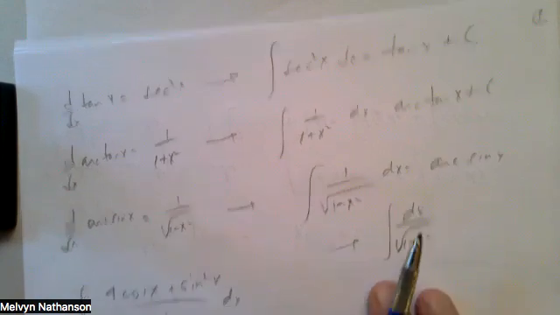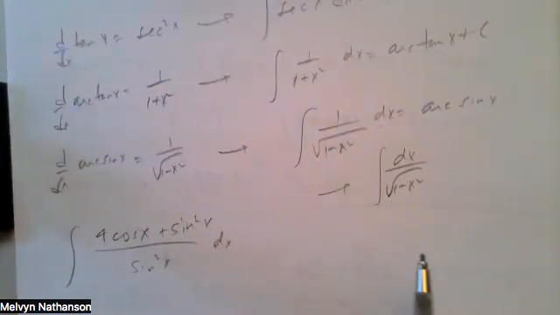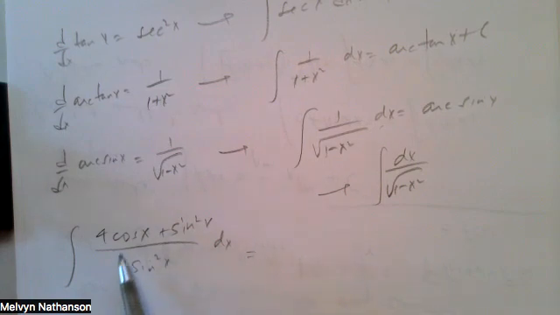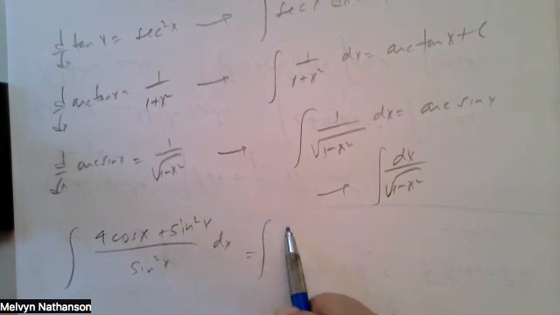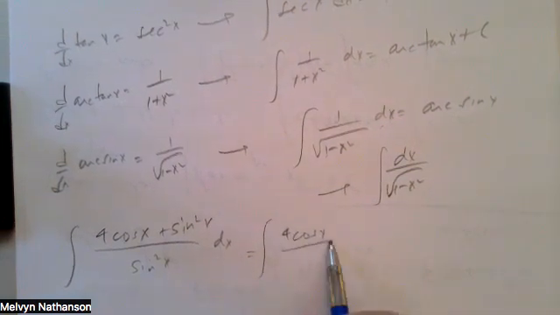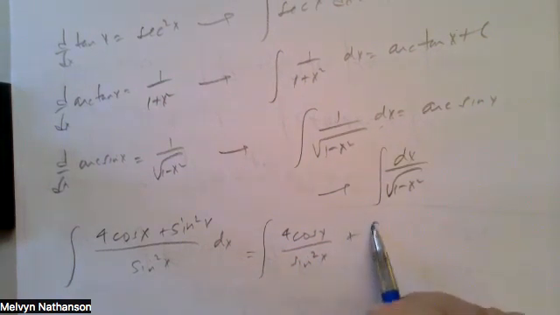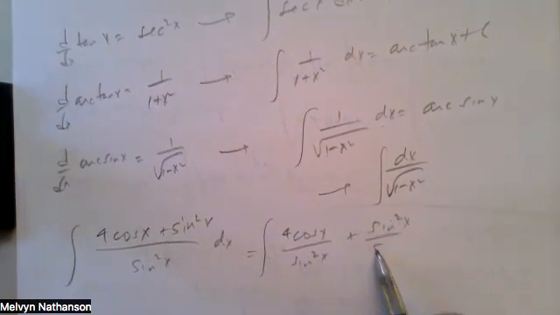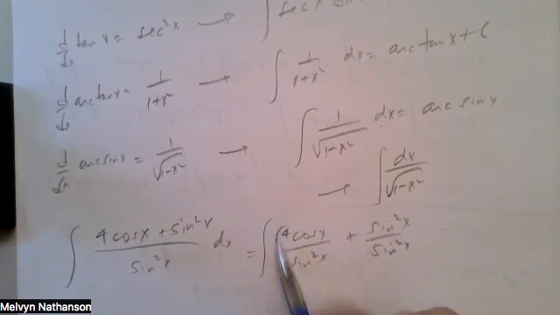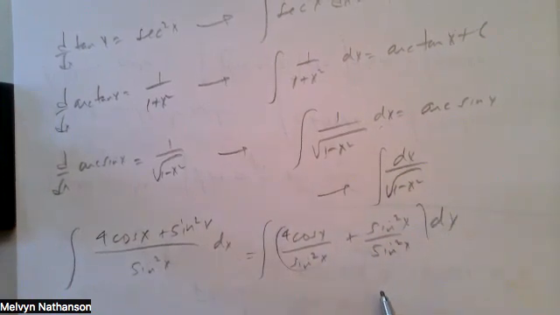So we have to simplify this because this really looks hard, and we use some basic algebra. This is a fraction, this plus this over this, so we can write this as a sum of two fractions. 4 cosine x over sine squared x plus sine squared x over sine squared x dx.